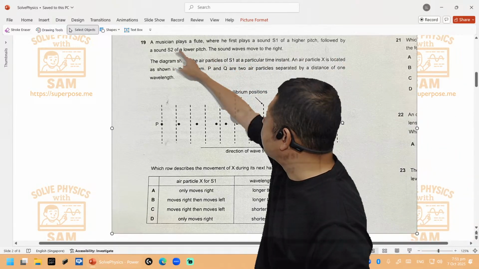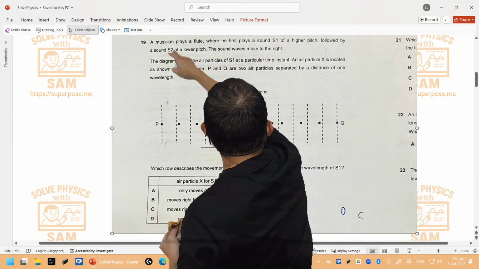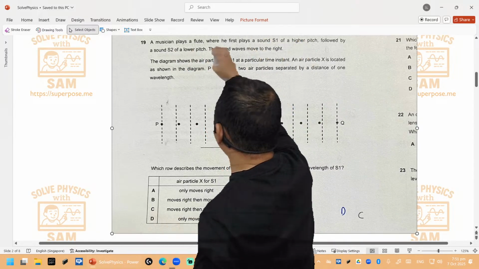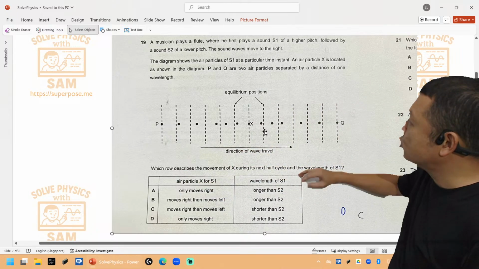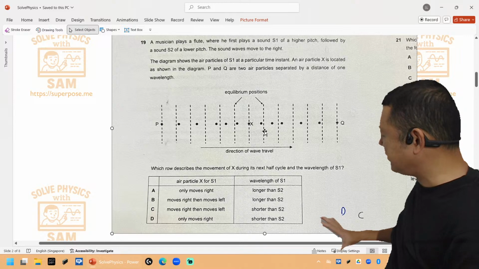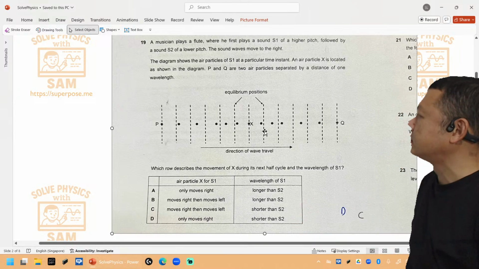S1 is a lower pitch, right? No, sorry, S2 is a lower pitch. S1 is higher pitch. So based on v equals f lambda, S2 will have a longer wavelength. So your options are either C or D now.